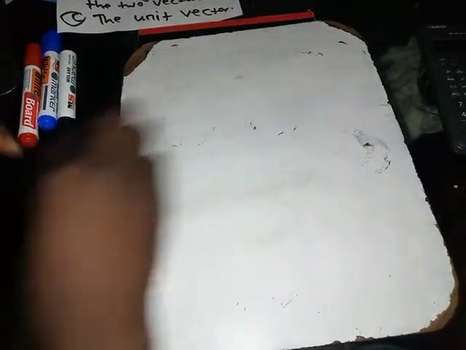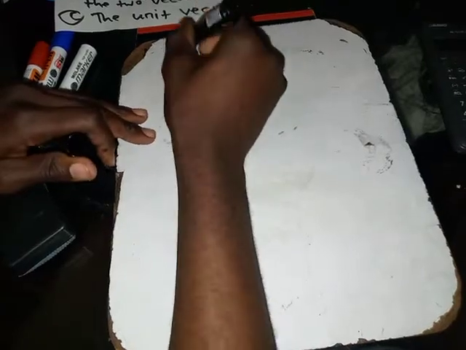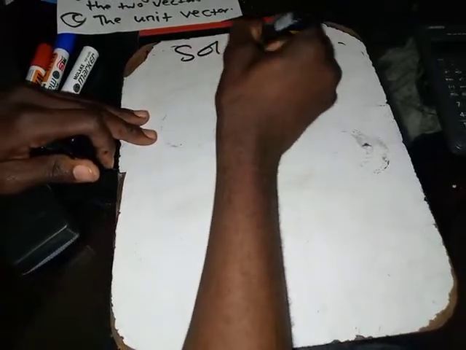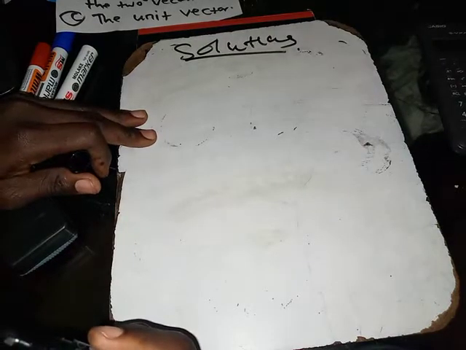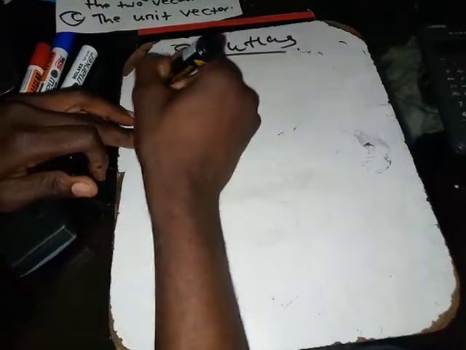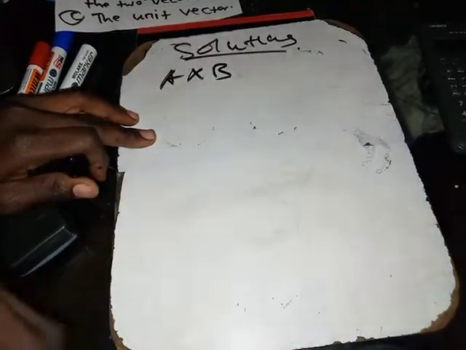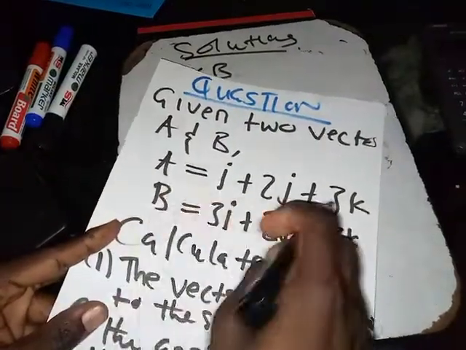All right, so let's go. Solutions. The vector which is perpendicular to the two vectors is simply a times b. Now we have been given a and b. How do we find this?